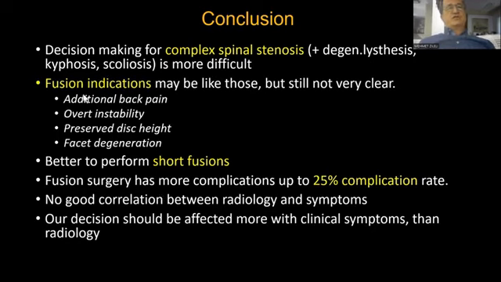So fusion indications are additional back pain, overt instability, preserved disc height, and facet degeneration, especially having more than one of those features. It is better to perform short fusions, and fusion surgery has a complication rate of up to 25%.